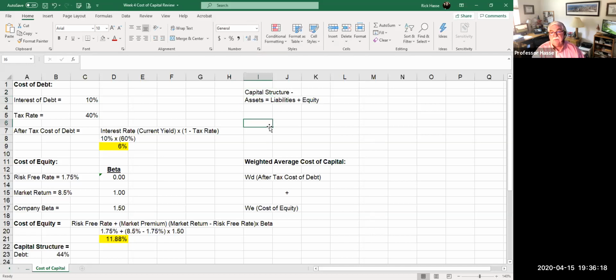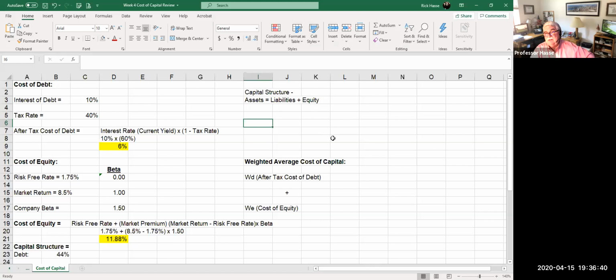Liabilities are made up of current and long-term interest-bearing liabilities. Equity is made up of common stock, could be preferred stock for some companies, and the retained earnings or profits of the company. In Chapter 9, we're learning how to isolate the cost of debt and equity.